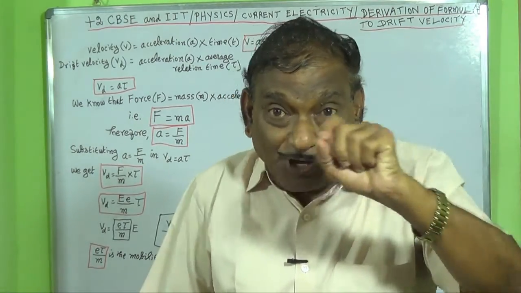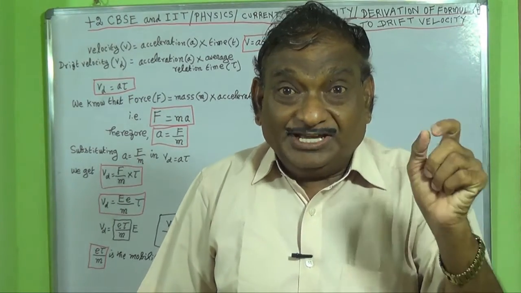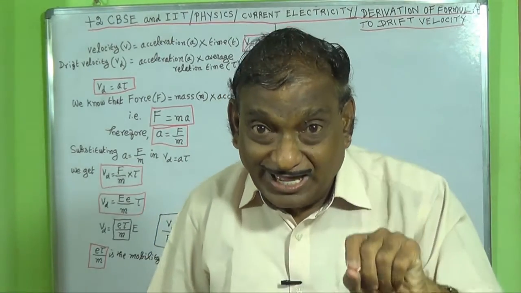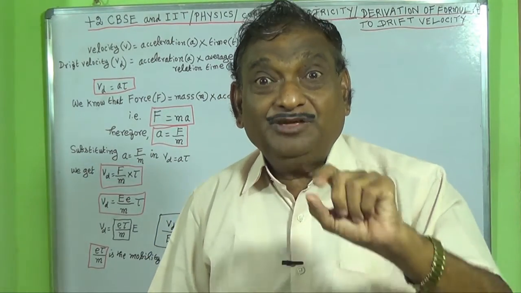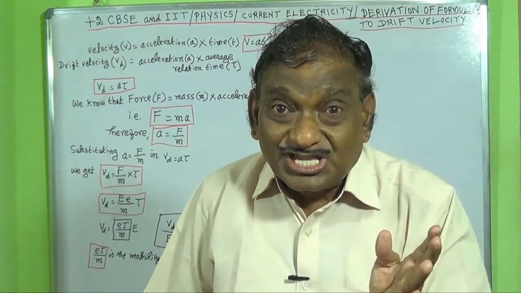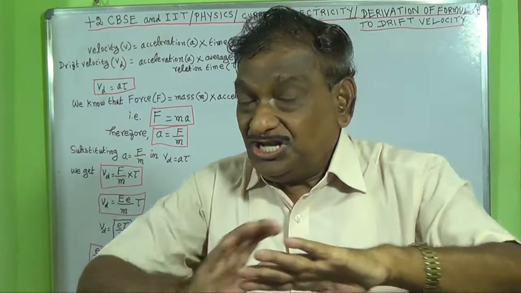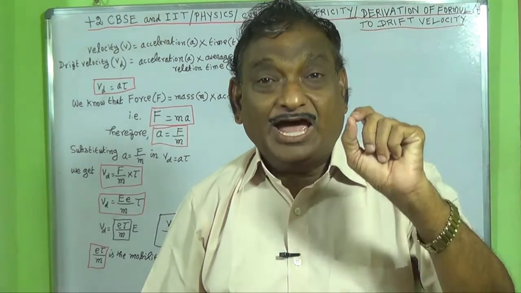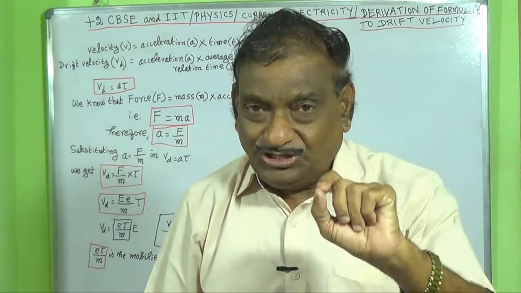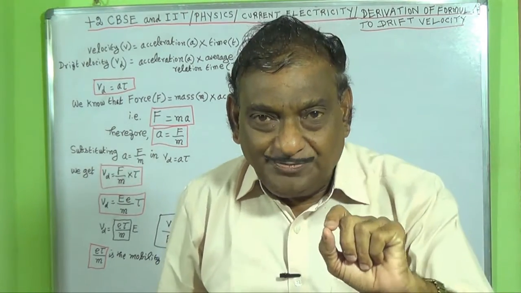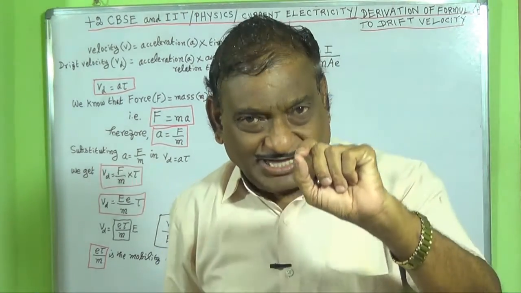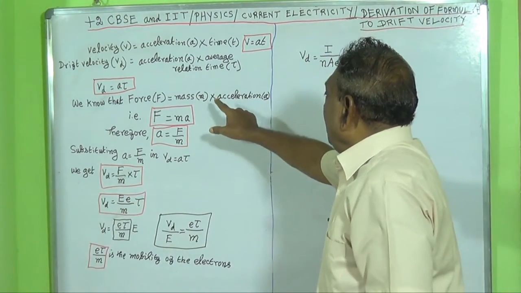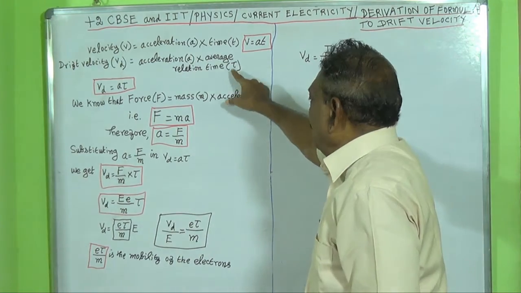After the collision, the direction of the electrons is random. It does not occur at regular intervals. So let us denote this time, that is the relaxation time, as tau.